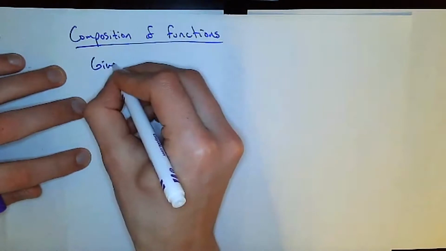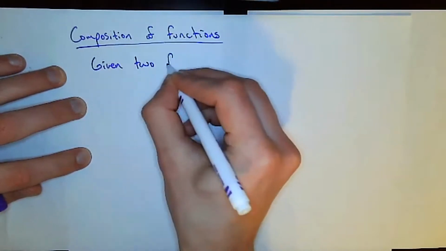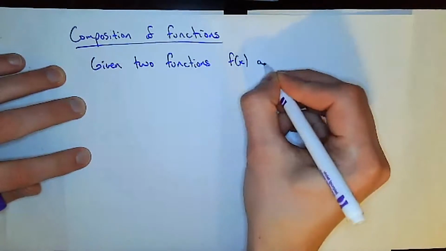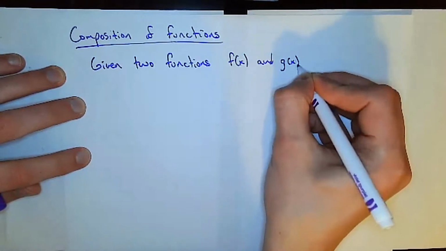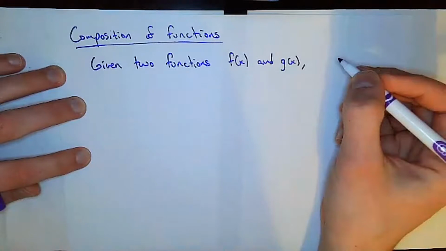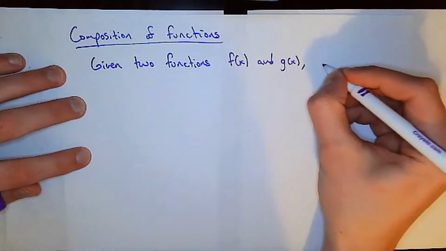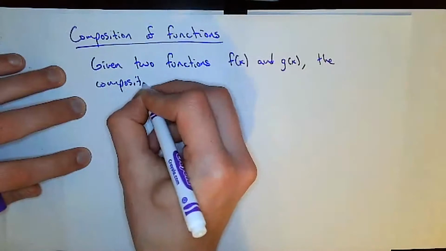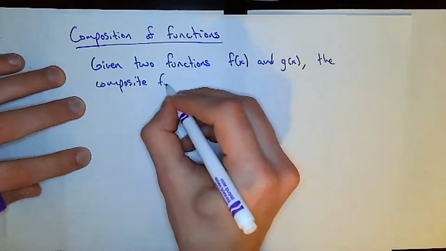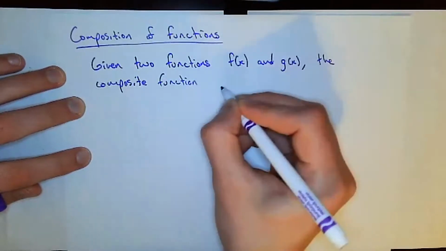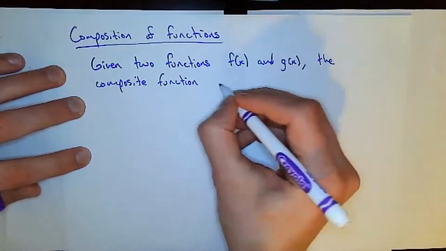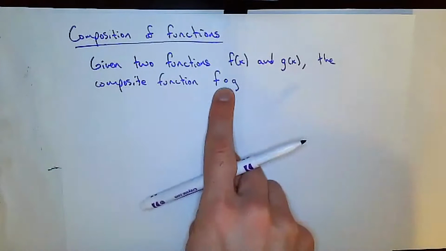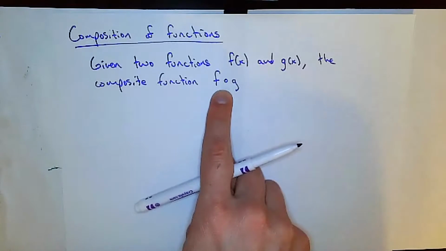So given two functions, the composite function f circle g, so that's f circle, that's not an O, that's like a little circle notation.